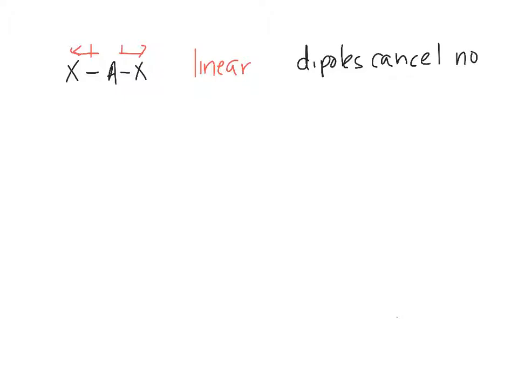There's no net dipole. Therefore, the structure is nonpolar. So if when you add your vectors, they cancel, you're nonpolar. You always add the head of a vector to the tail of the next vector.